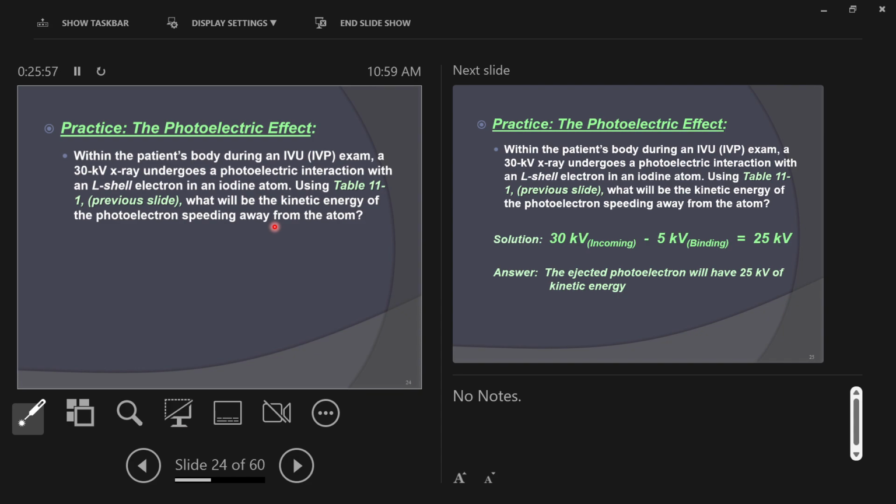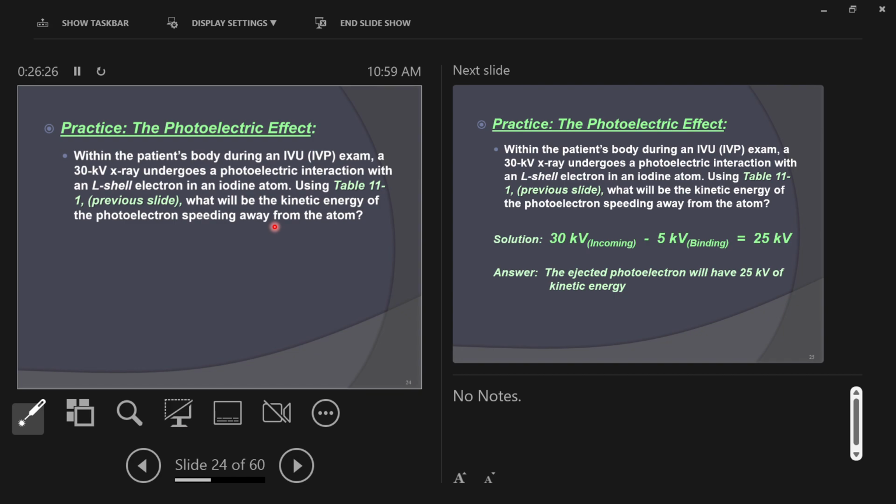The L shell for iodine is negative 5 kV, okay? Again, you can ignore the negative. So 30 minus 5 equals 25 kV. The photoelectron produced from this interaction has an energy of 25 kiloelectron volts.